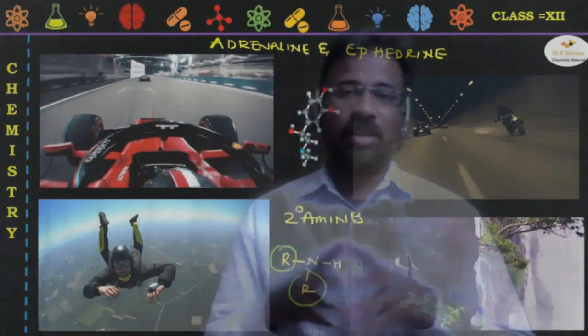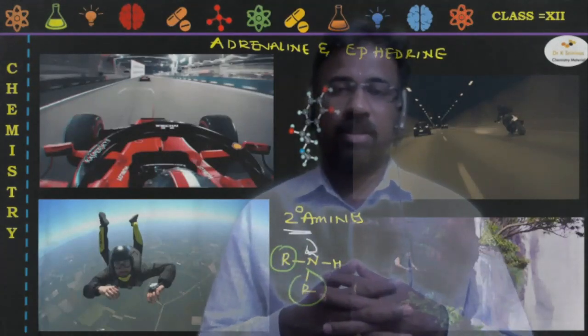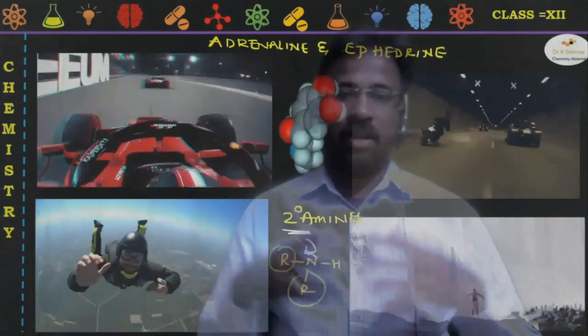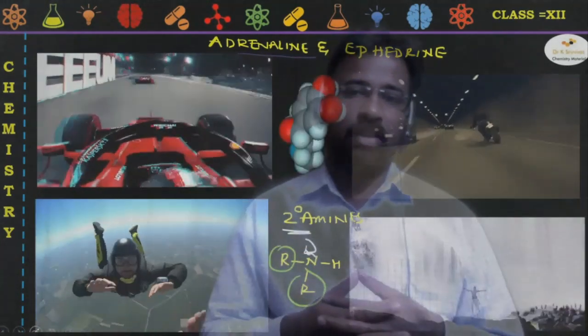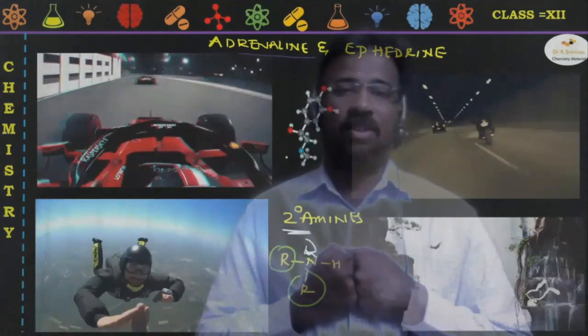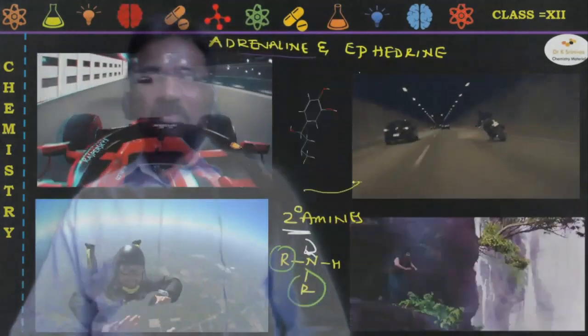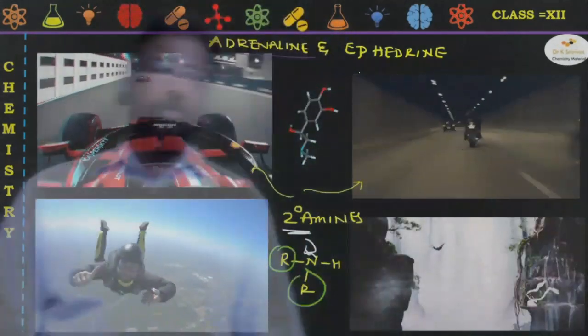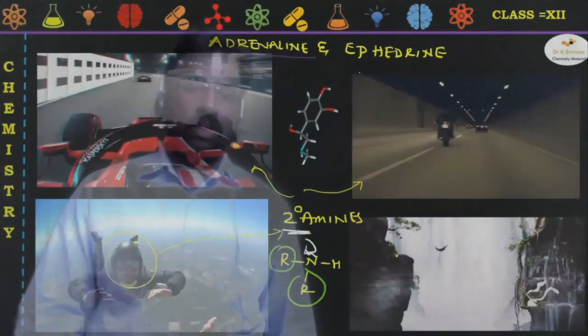These are the secondary amines, dear students, which are changing the blood pressure, and these are the chemicals responsible for the excitation. If you drive a car like this, then obviously you are going to feel some excitation, isn't it? It depends on the release of that compound in our body, which varies, of course.